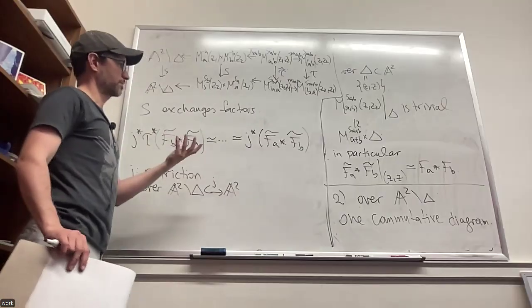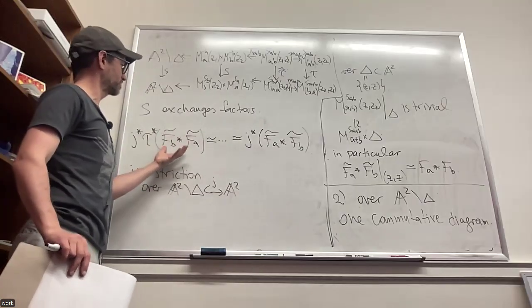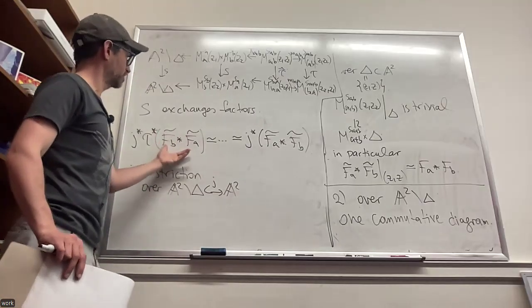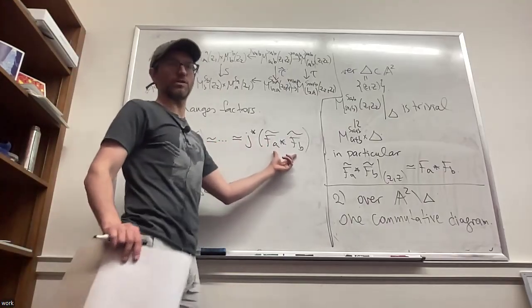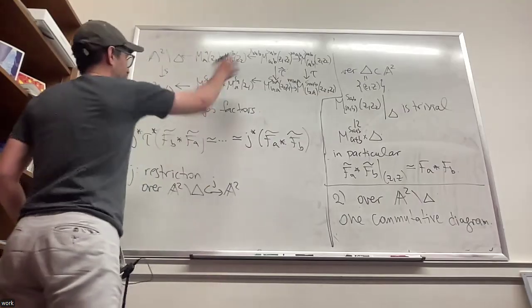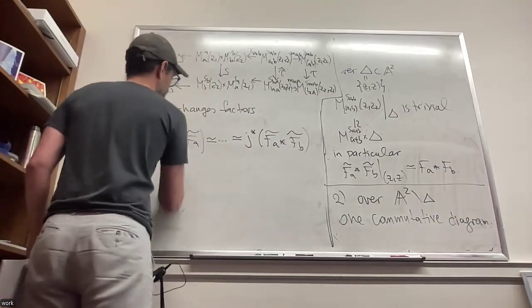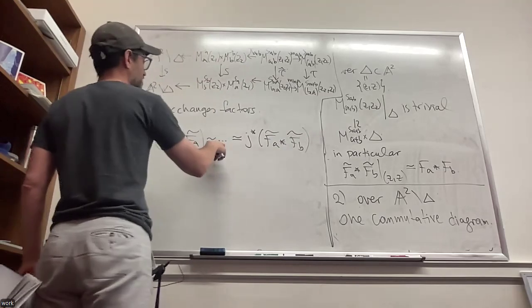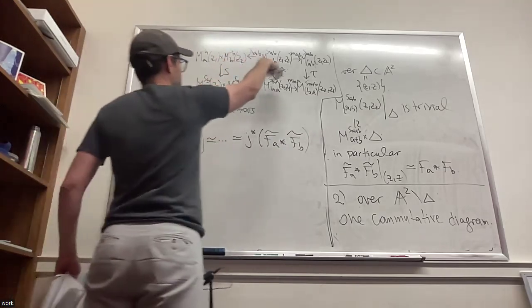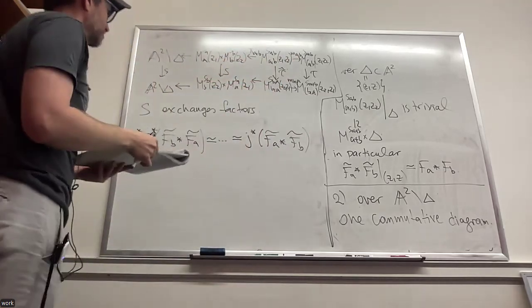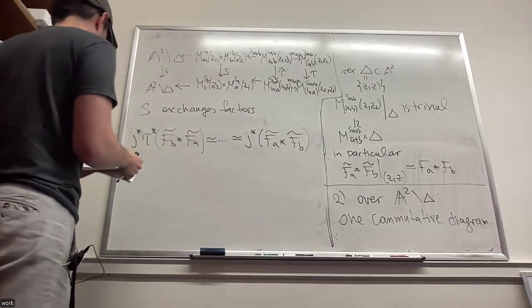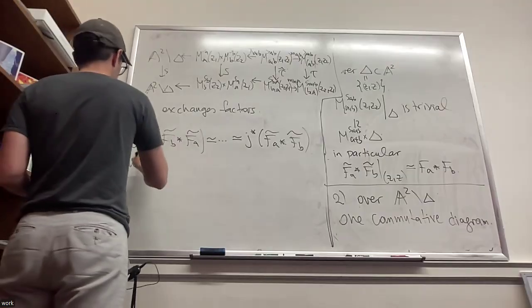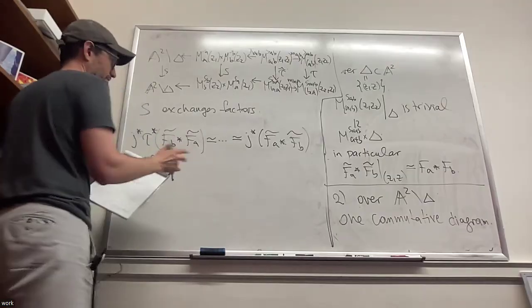You're going to have an isomorphism away from the diagonal between the pullback of this one and the product in the opposite order. That's an easy consequence. The harder part is showing that such a diagram exists. This is just diagram chasing. So this is what happens away from the diagonal.